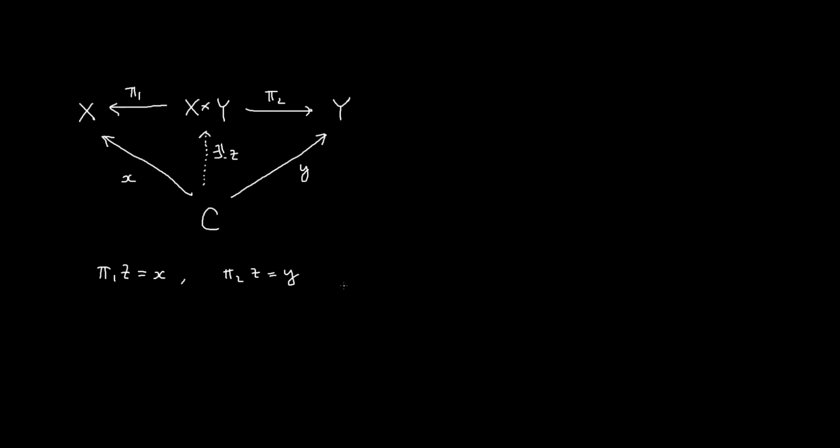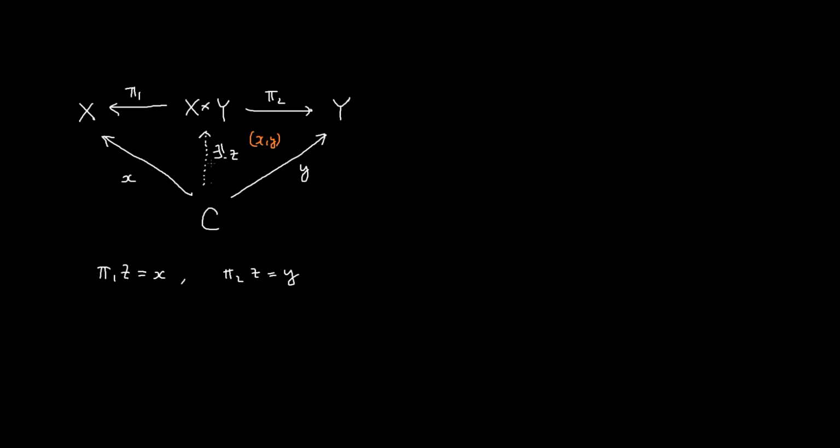Okay, now let's apply our intuition, our language for generalized elements. So let's rephrase this in the language of generalized elements. What are we saying? We're saying that a product is such an object together with two morphisms that if I take a generalized element of X, namely small x, and I take a generalized element of Y, namely small y, and they're parameterized by the same object C, then the pair (x, y), which is basically a representation of my z, right?